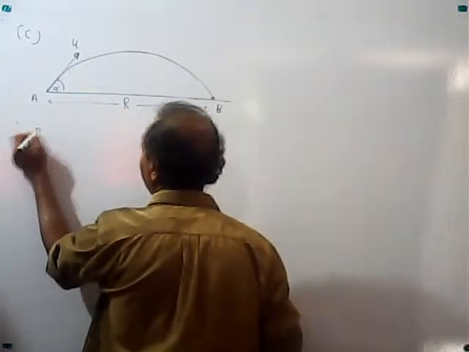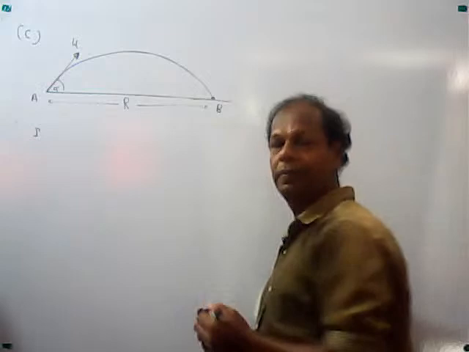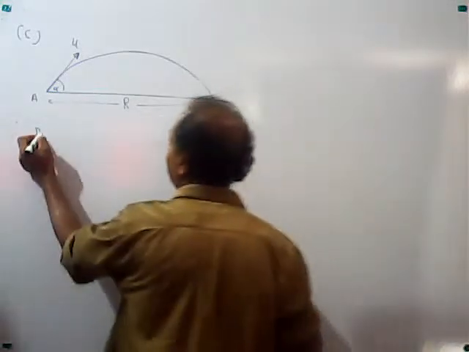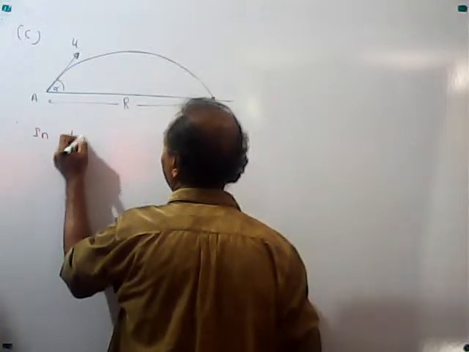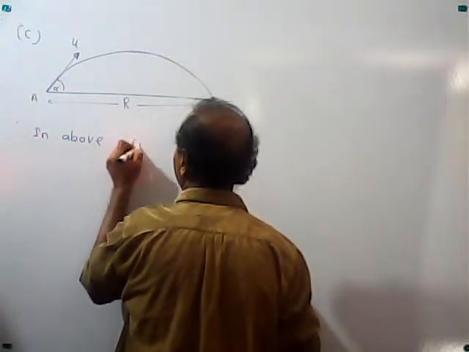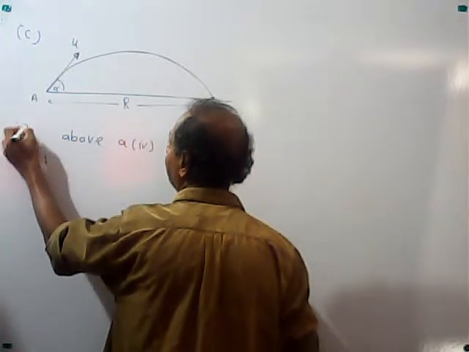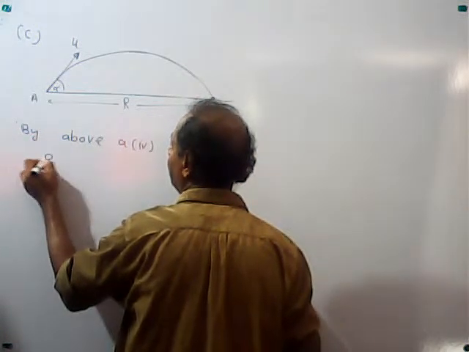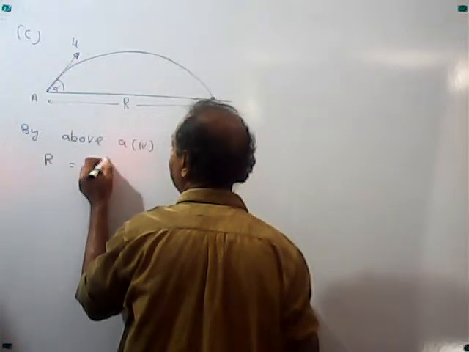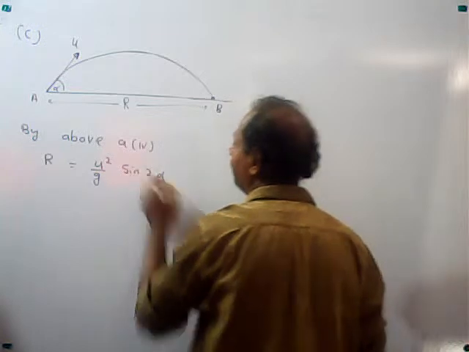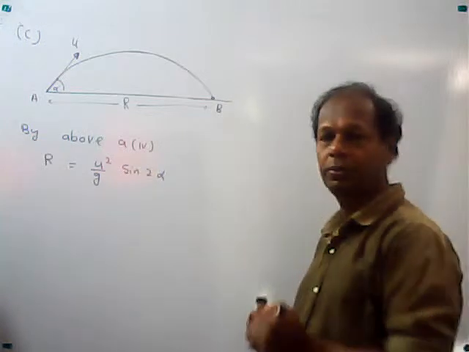Again, we have some expression for R. We are going to use that by above A4. We have an expression for R which says it's equal to u square over g sine 2 alpha.